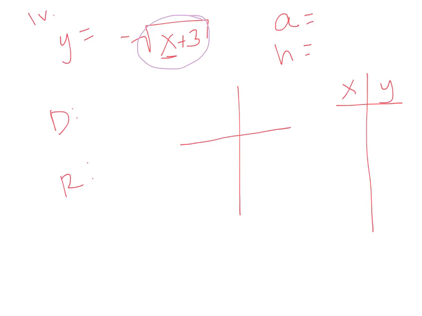So I'm going to give you some x values, but I want you to think about, why am I using those x values? And after you go through and plug these in, that should be a little bit more obvious. So the x values I'd like you to use here are -3, -2, 1, and 6. So just 4 points, but you should know what this looks like given the a and the h. So bring that in tomorrow, and then we'll go ahead and finish this after that. That's it.